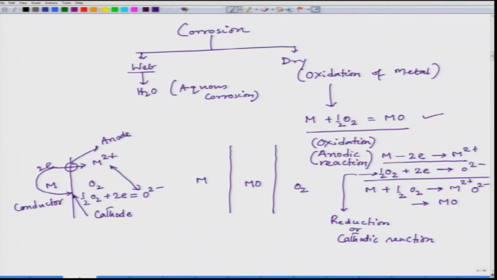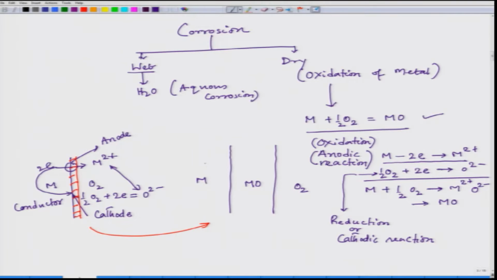When these two half-cell reactions are taking place, finally M2+ and O2- combine and form metal oxide. So, this metal oxide is forming on top of the metal surface. So, now we have a situation like this.